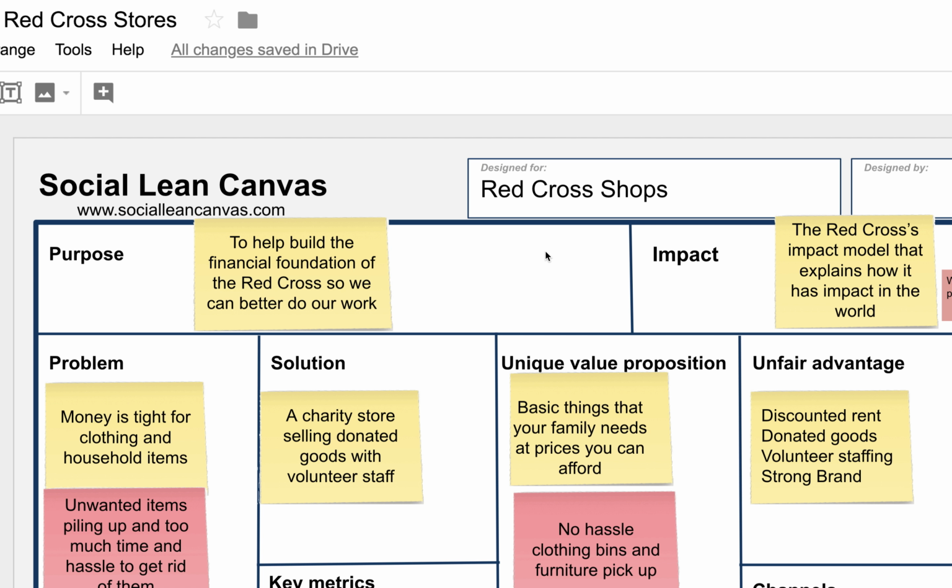And so this is understanding that the job of the store primarily is to earn income for the Red Cross so the Red Cross can do other things. So they have all the other activities that they do to create impact, and the job of the store is primarily to earn the income that helps pay for that.